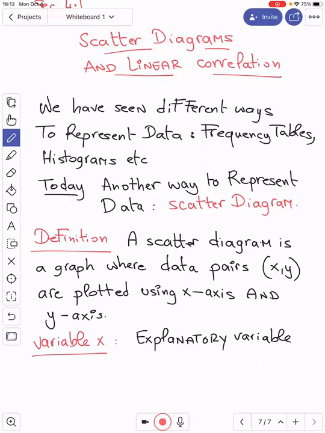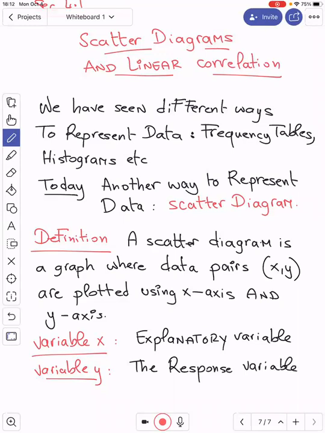So what do I mean by explanatory variable? It's a variable which has been manipulated in an experiment, for example. And we're gonna have another variable, the variable y, which is called the response variable.